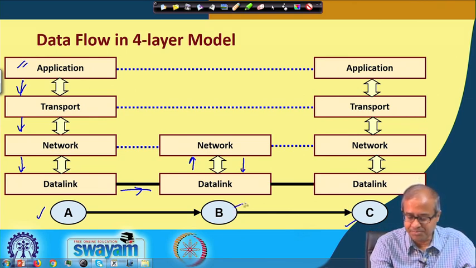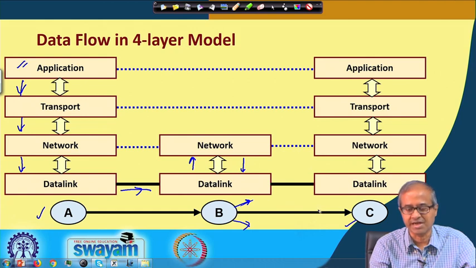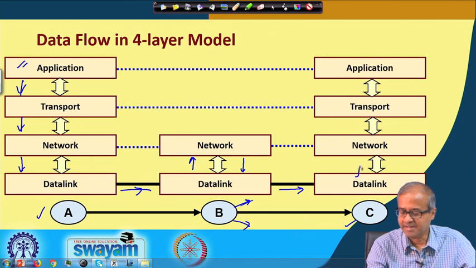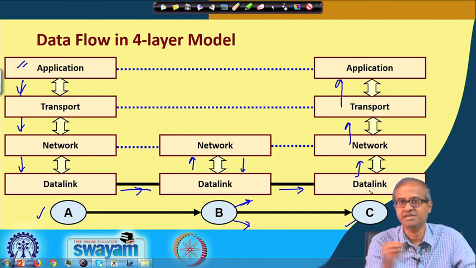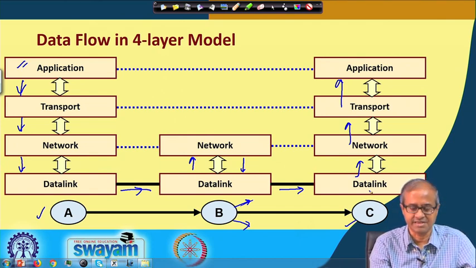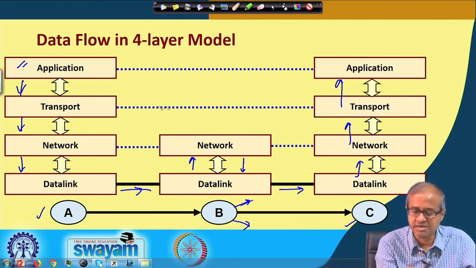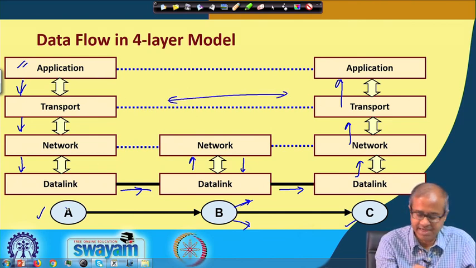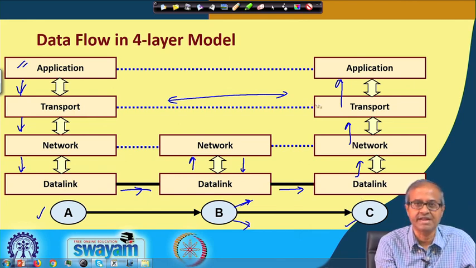B may be having several outgoing links. There will be one data link corresponding to every outgoing link. So, it will be sending out to the data link corresponding to the correct outgoing link, and the frame will be going there, received, and it will be traversing the reverse direction and finally reach some application in the destination C. Now, you can see this transport is an end to end layer or host to host layer, as if A and C are communicating directly.